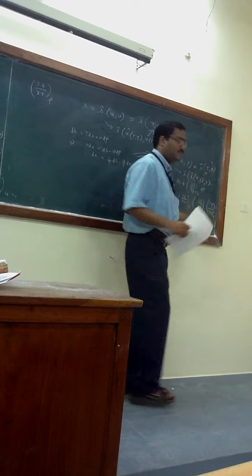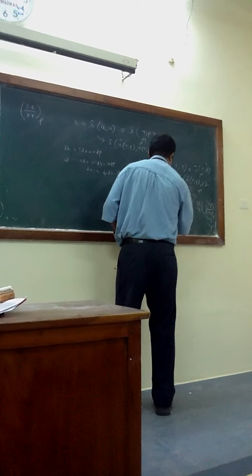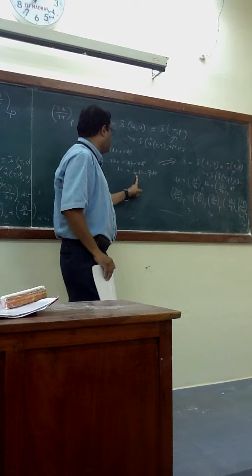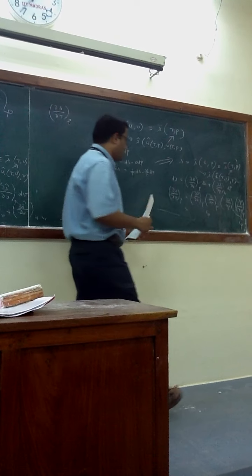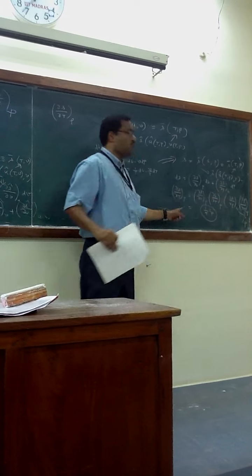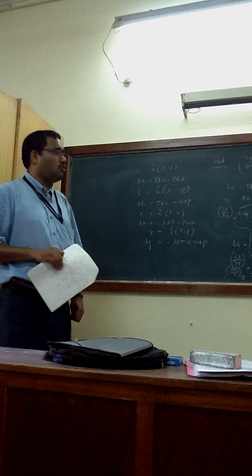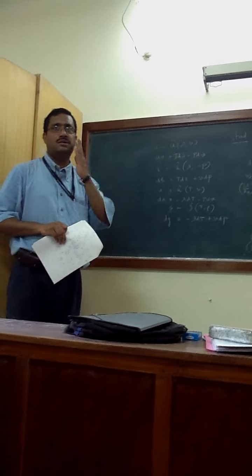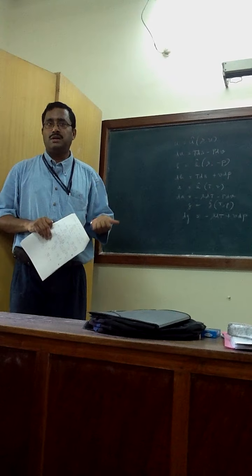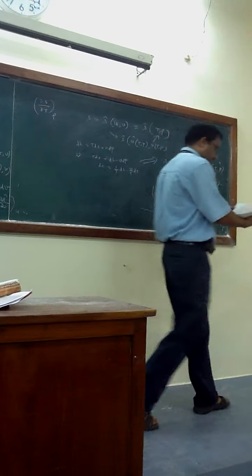This term is gone. ∂H/∂T at fixed P is Cp, and ∂S/∂H at fixed P is 1/T. So ∂S/∂T at fixed P is Cp/T. Correct? Okay.